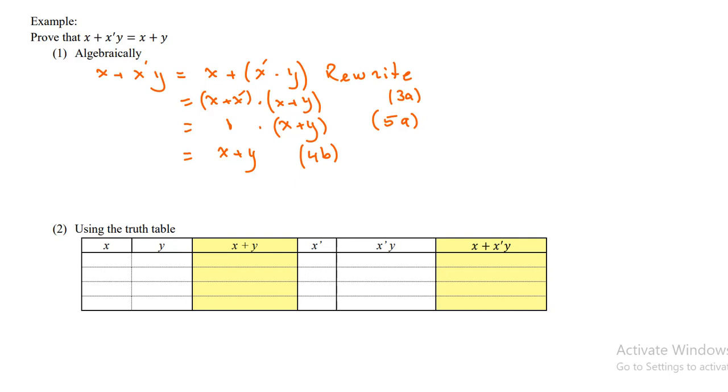Let's understand it with the truth table. What we're trying to prove is that, as I highlight here in yellow, x plus x naught y is the same as x plus y for different inputs of x and y. So x and y are inputs, are wires, for example, and these wires will have either an on or off switch.